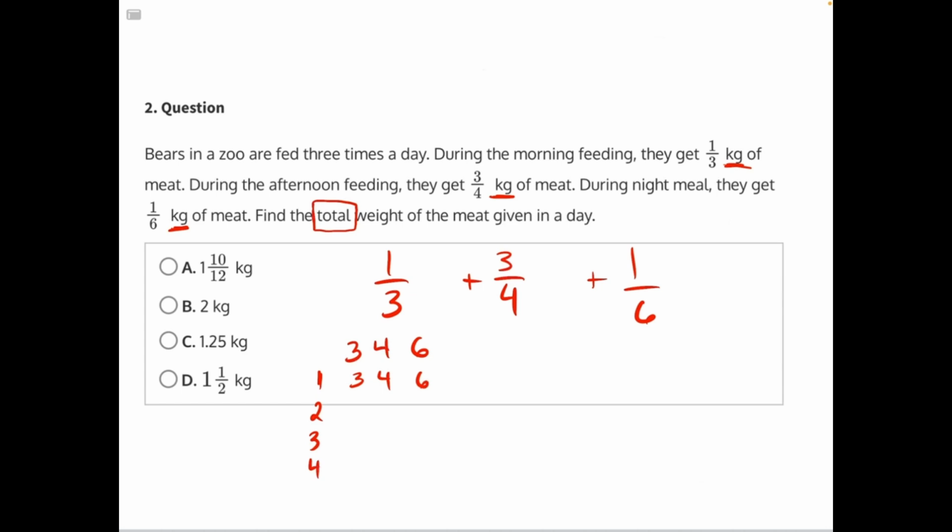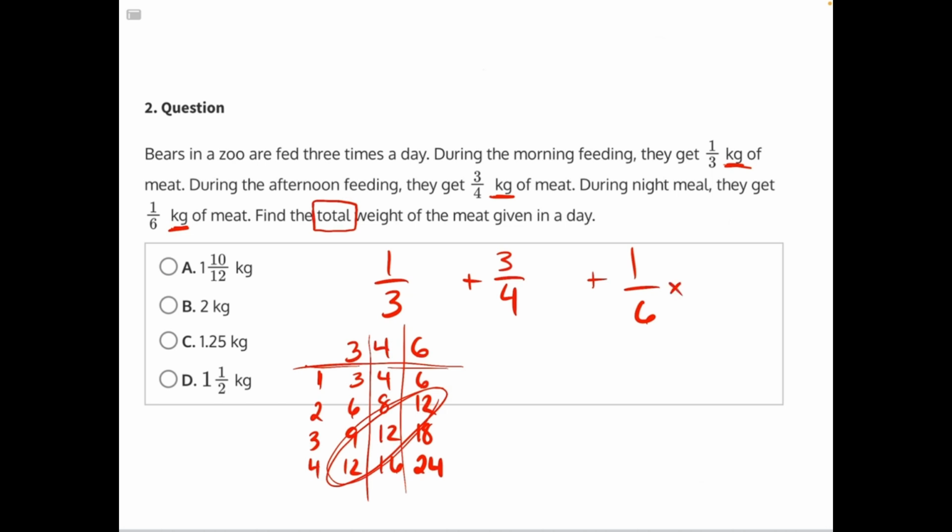So we have 3, 6, 9, 12, and then 4, 8, 12, 16, and then 6, 12, 24. So what we've essentially done is made a table of multiples so that we could find the least common multiple between all of them, and that number is 12. So the least common denominator for all three of these is going to be 12.